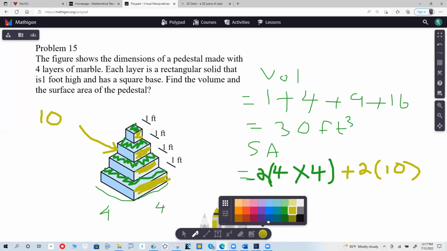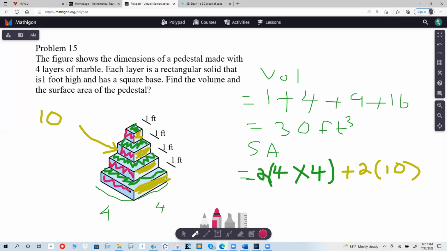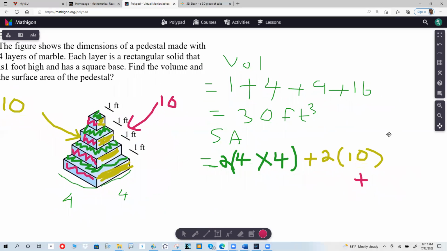Now, the other part is very easy. This is also 10. 1, 2, 3, 4, 5, 6, 7, 8, 9, 10, and there's 10 here. So I'm going to write another 2 times 10.